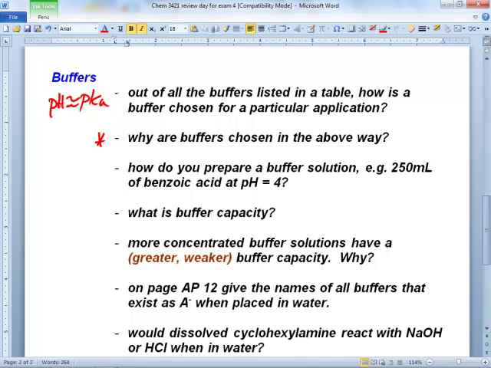Anybody? The Henderson-Hasselbalch equation is a hint, because the log would be mathematically the log of 1 is 0. Now what's the big deal? What's this log of 1 thing coming from? Remember what that Henderson-Hasselbalch was. pH equals pKa. Whoop.